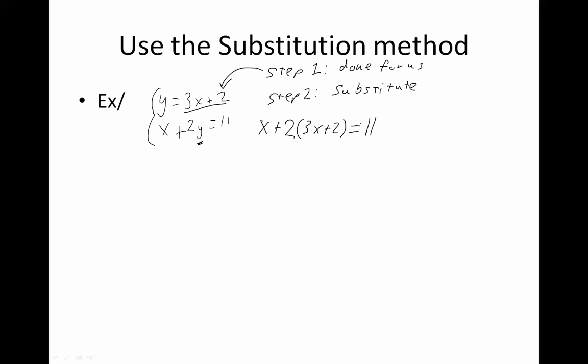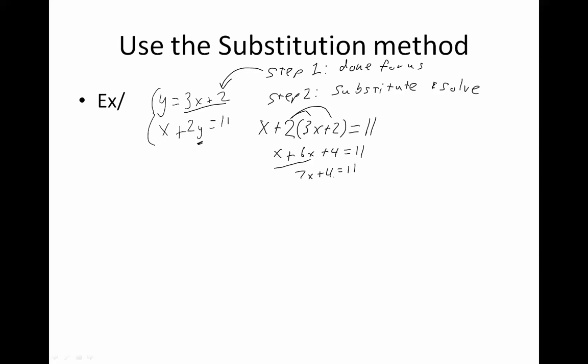So now we need to substitute and solve. Notice how this equation only has one variable now, just the x. So now we need to solve this equation and get the x by itself. We'll distribute the 2 and get x plus 6x plus 4 equals 11. Then we'll combine the x's here: 7x plus 4 equals 11.